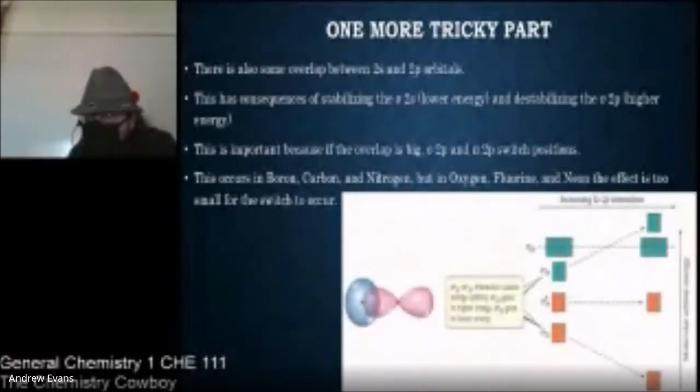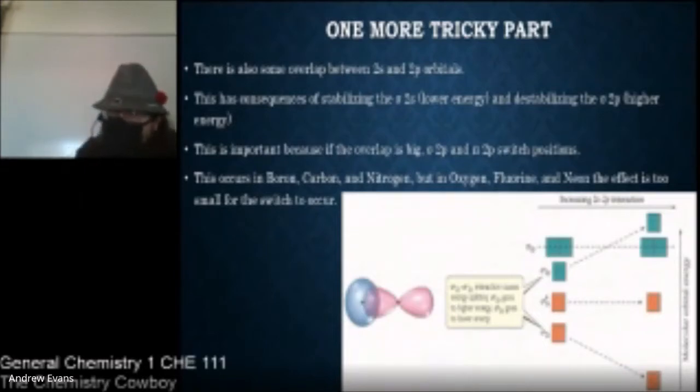That due to some overlap between the 2s and the 2p, there's a destabilizing effect. So that one orbital shoots up in energy in comparison to the other. So that the sigma goes down in energy and this sigma goes up in energy.